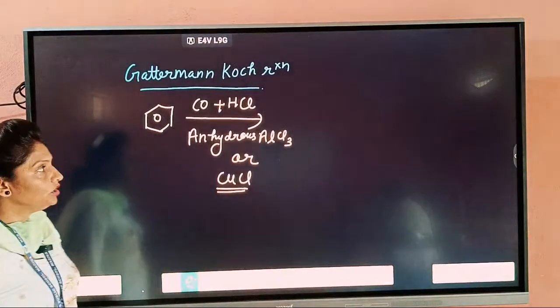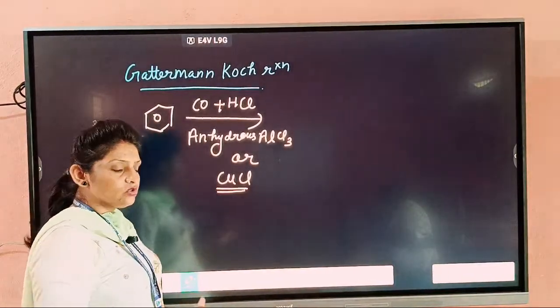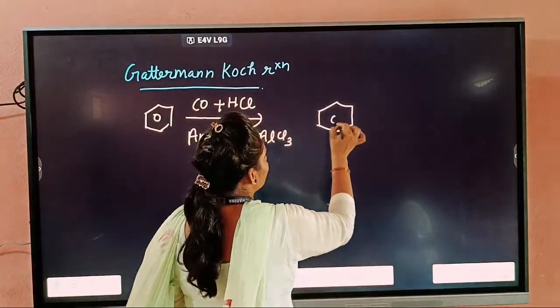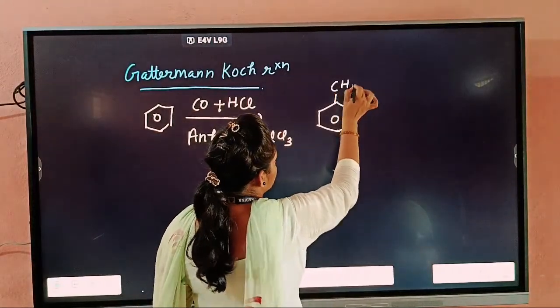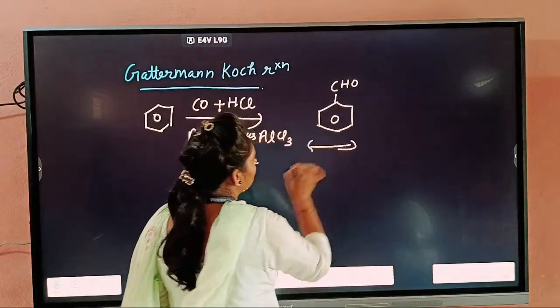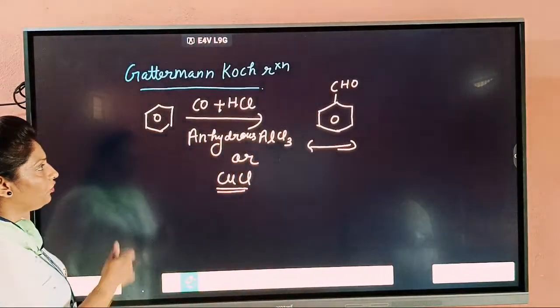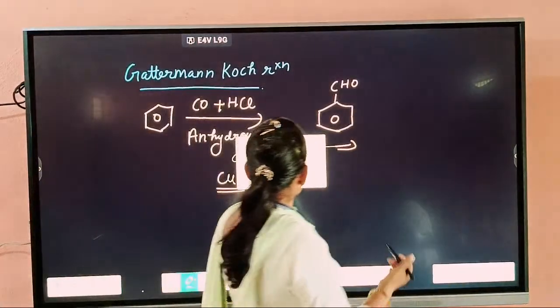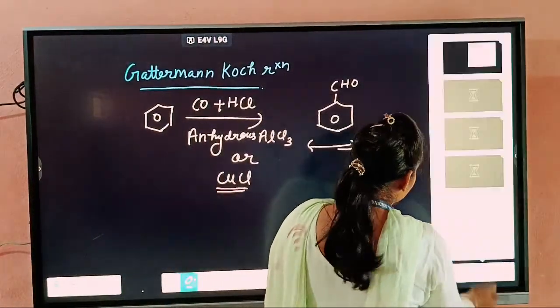Students, here also we will get the aromatic aldehyde, that is benzaldehyde. So which mechanism will be followed by this reaction? Now we will discuss this. Now see the mechanism.